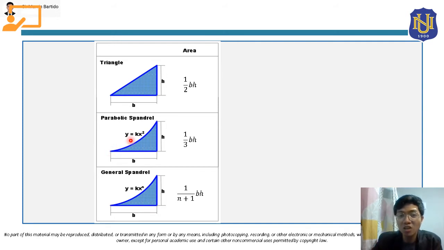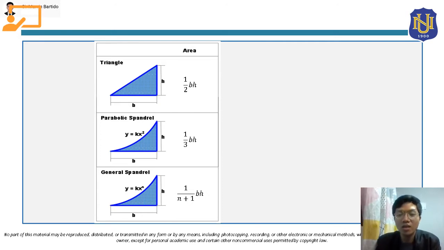So again, we can use this 1/3 bh for the figure if we consider this curve, the line here, and this line, since this point is at the vertex or at the origin.